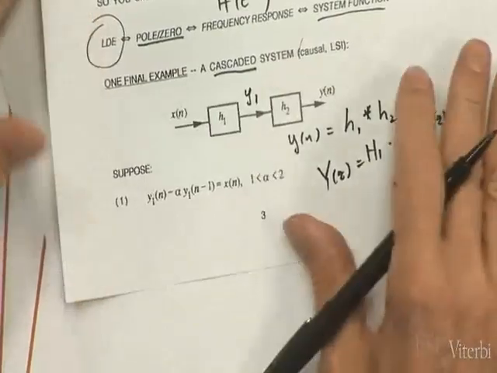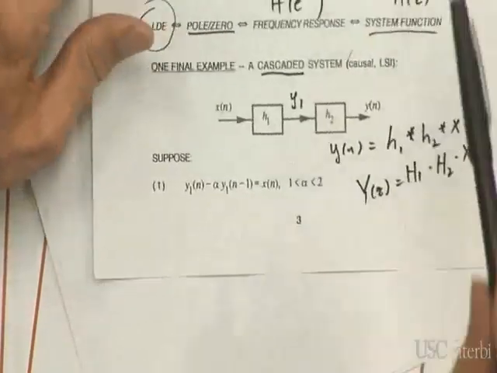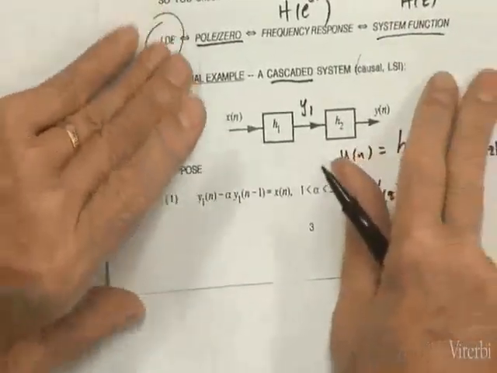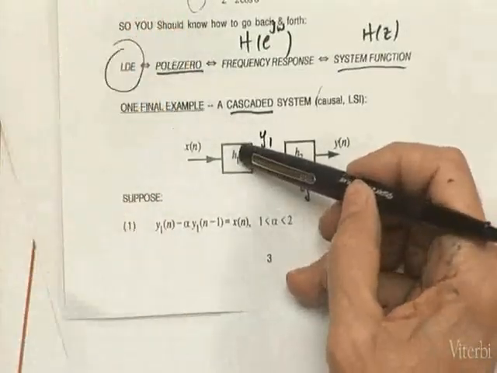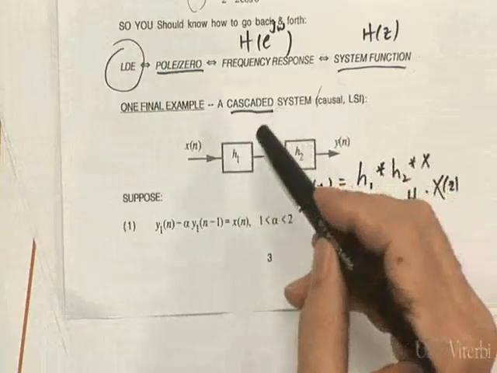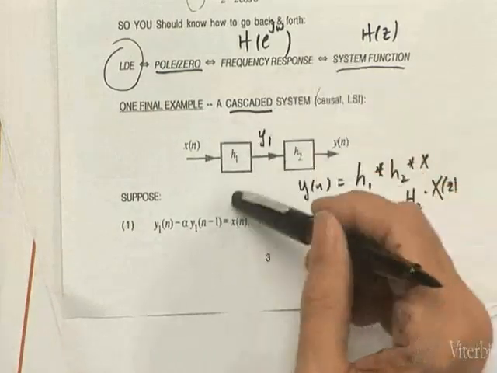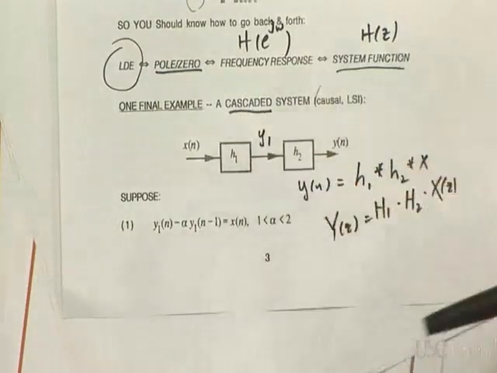H1 and H2 are also functions of z. I just got lazy. Now let's suppose I'm not going to tell you what H1 is directly, but I will tell you the difference equation that this filter satisfies.